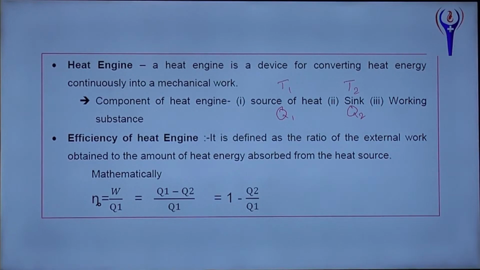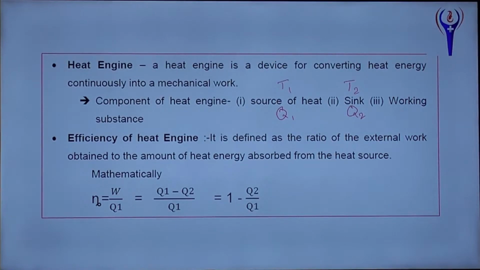Efficiency of a heat engine. Efficiency is defined as the ratio of the external work obtained to the amount of heat energy absorbed from the heat source. So, work done by heat energy absorbed.